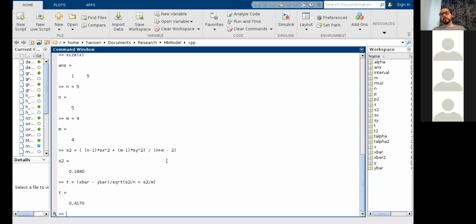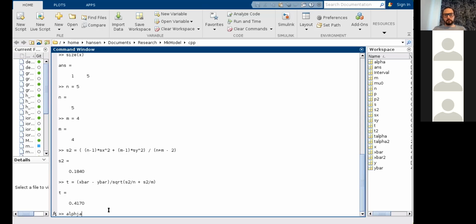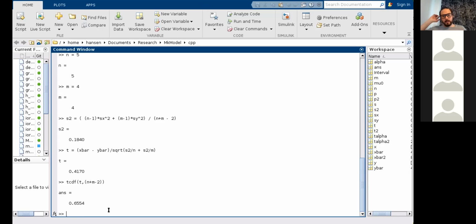So we can probably already guess that it's definitely not going to be different, because my alpha is 0.05, and I can calculate the p-value of that t as tcdf of t with n plus m minus 2 degrees of freedom, right? And it's 0.6554.